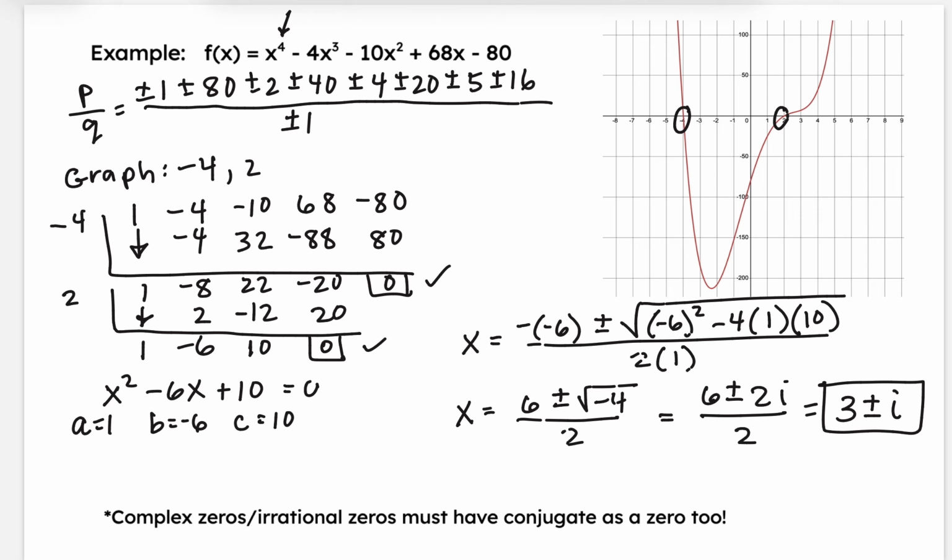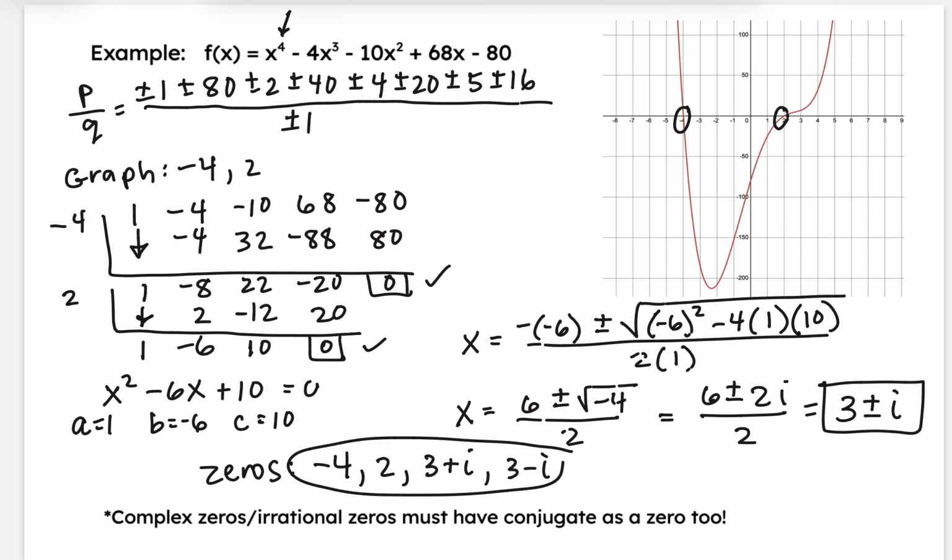So that tells me that my zeros, let's write down our list of zeros. My zeros are -4, 2, 3 plus i, and 3 minus i. So those are my 4 zeros, because again, it's a 4th degree polynomial and I should have 4. Now this little note at the bottom says that complex zeros or irrational zeros must have a conjugate as a zero too.